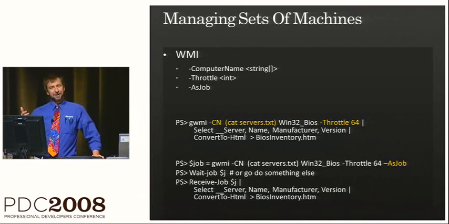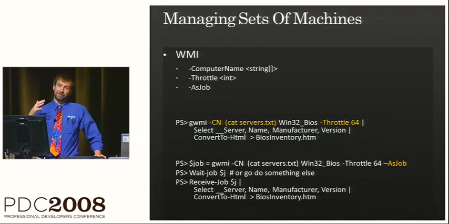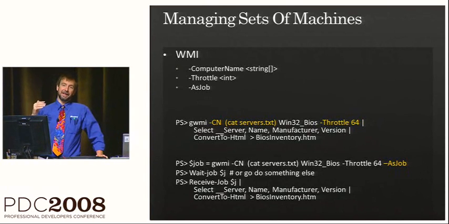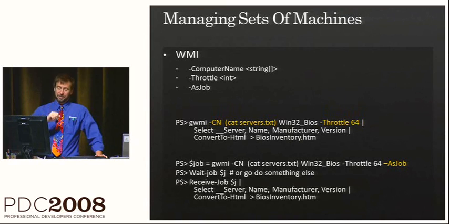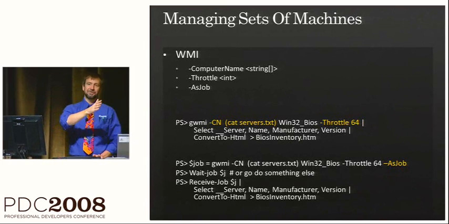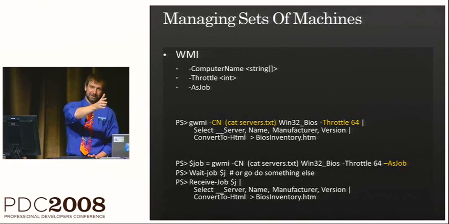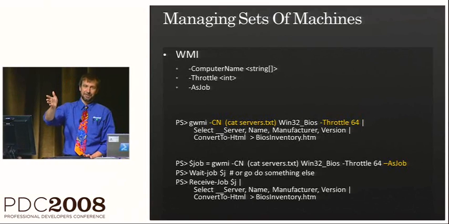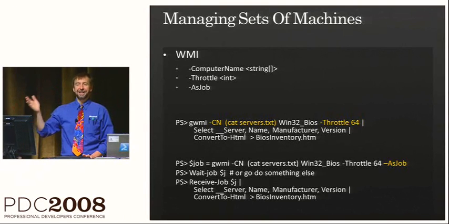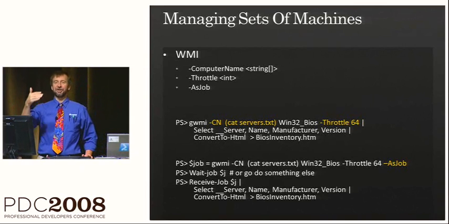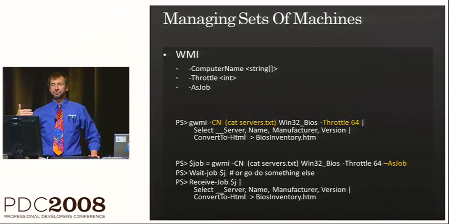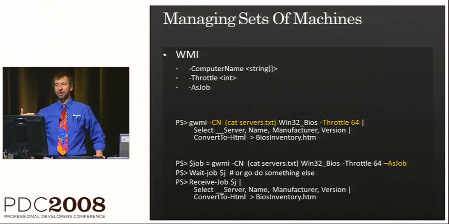We once worked with the MSIT guys who did a lot of WMI scripting, right? And they had a script that went to all their servers and got some WMI inventory information to produce a report, using VBScript. And because VBScript was serial, you talk to this machine, then that machine, then that machine, and they had so many servers that they would start the second run of the script before the first run had finished because it took so long to run.